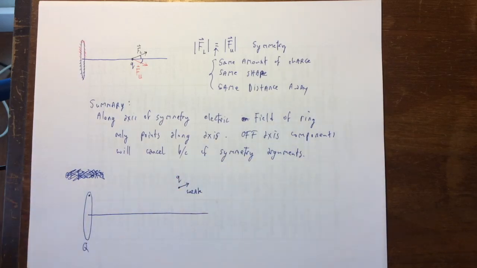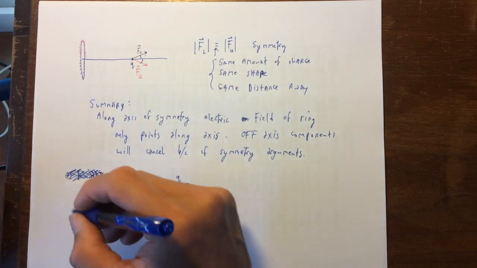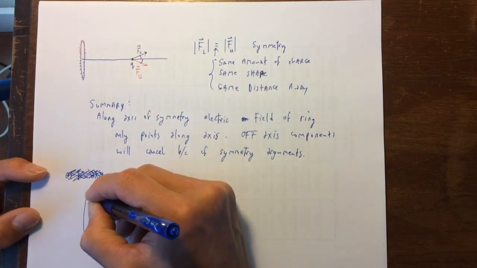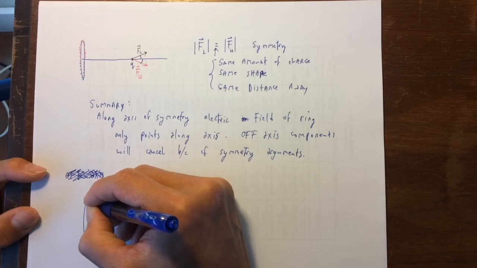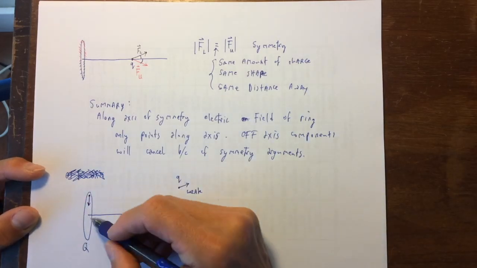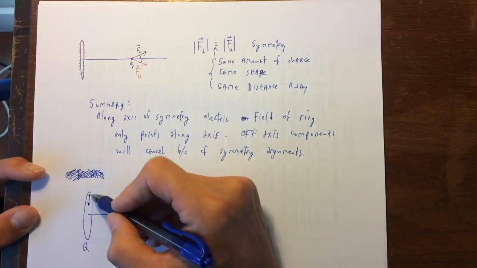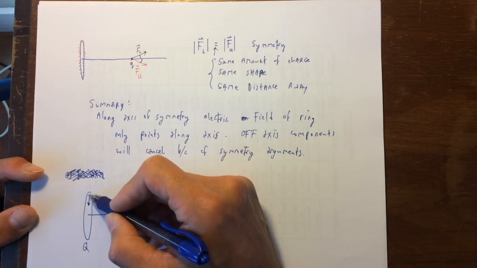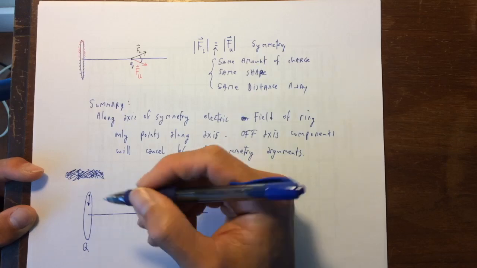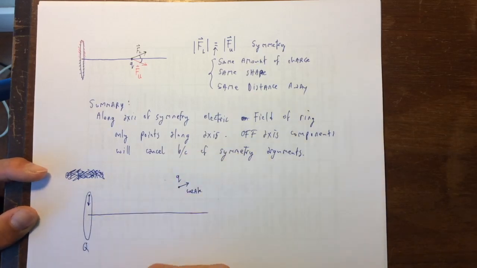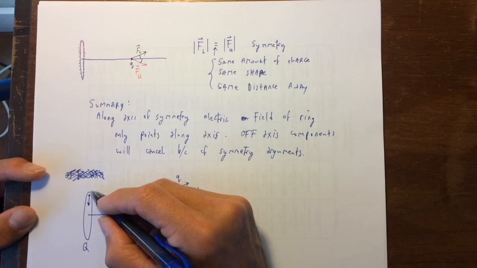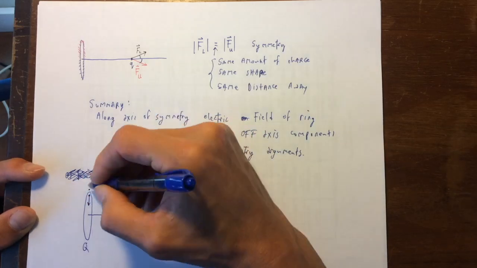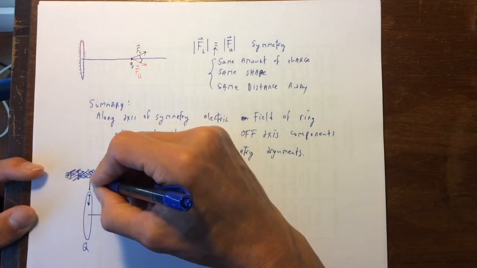But the point is, I think that the answer ends up being it's a force towards the center. And the closer that the test charge is brought to this upper edge of the ring, the force is going to grow, I believe, stronger and stronger. But actually, I'm not sure about that. But if you put the charge on the opposite side, you should expect to see quite a large force.